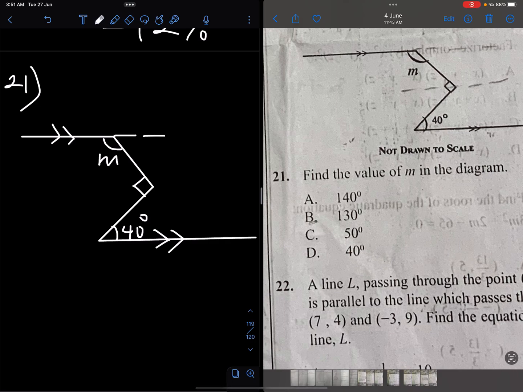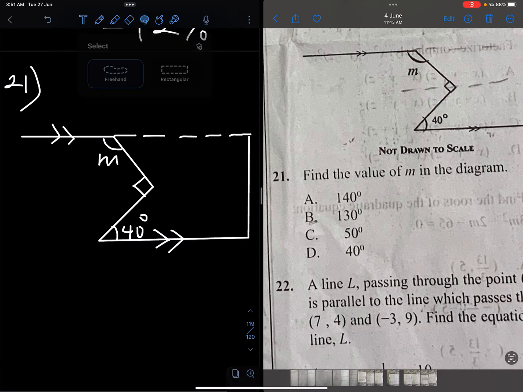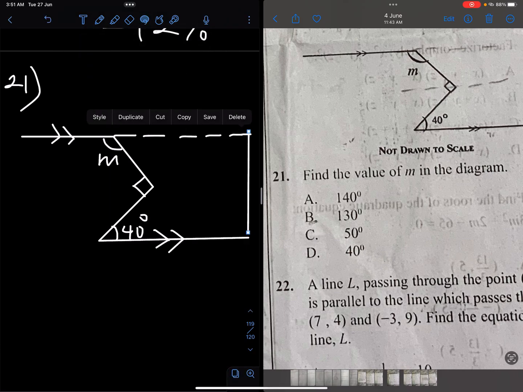Let me extend this line. If I extend this line and I do this, I think I can make it better. Yes, if I now draw a straight line this way, which will be perpendicular to the one down here, I just want to close the figure properly.